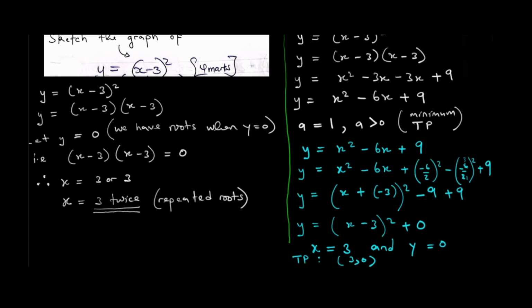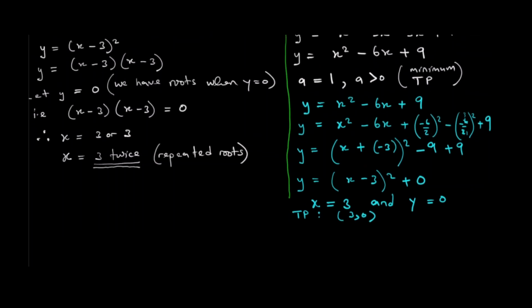When we want to write down this curve, it will not trouble us. This is obviously x, this is y. What are our roots? The 3. So here are our roots.